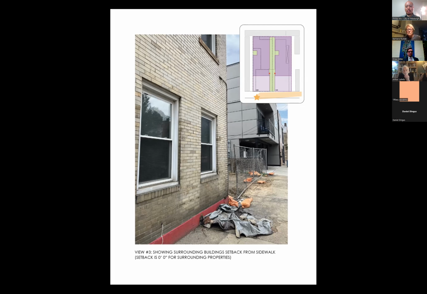That's not true if you're asking for variances. Well, we're asking for variances in terms of the single, we're not asking for a height variance. So someone could have come in and built a home larger, higher. Is there a variance to move up to the property line?